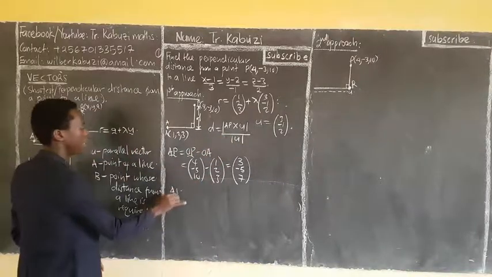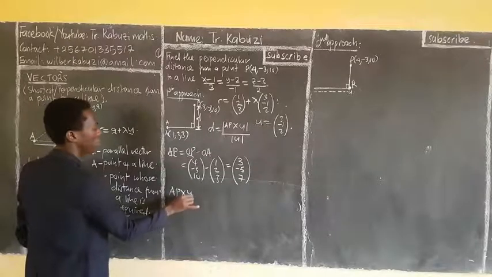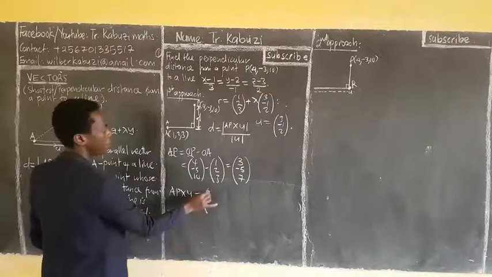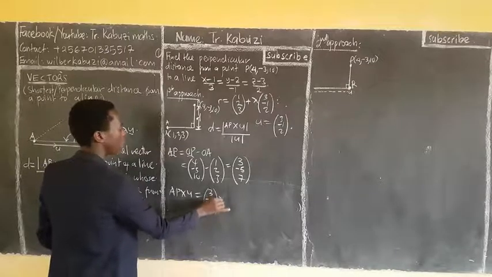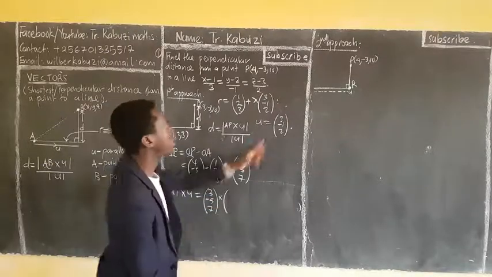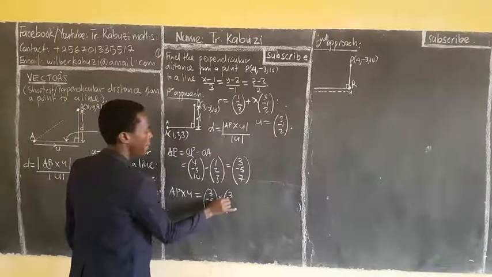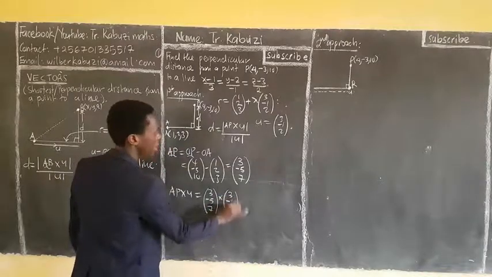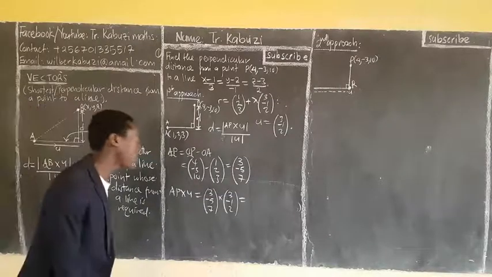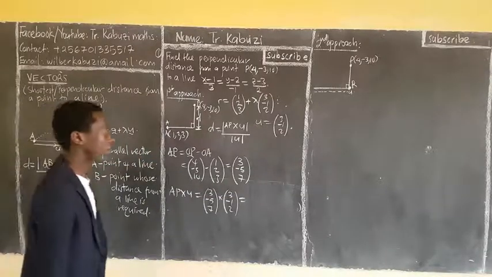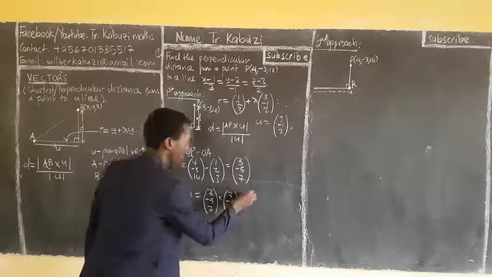So now my AP cross U will be: AP, which is 3, negative 5, 7, crossed with U, which is 3, negative 1, 2. If you cross, what do we get? We said if you cross two vectors, what you get is also a vector.